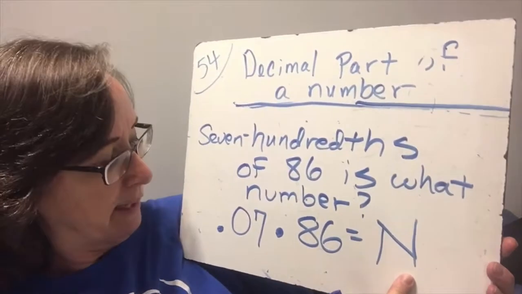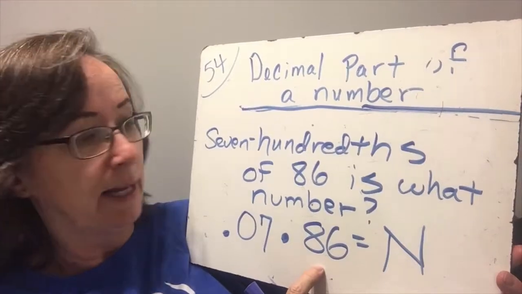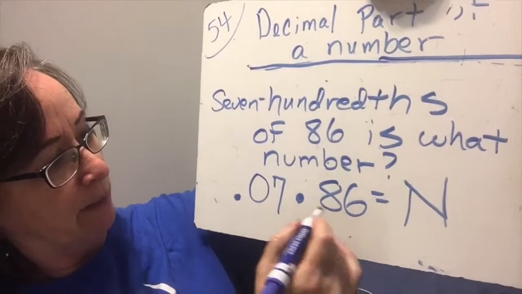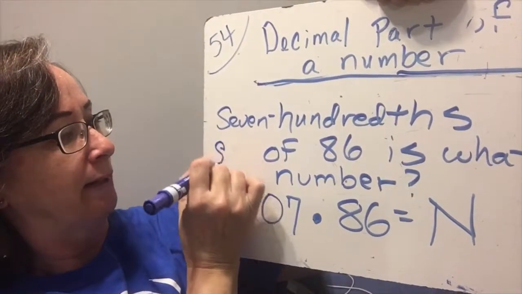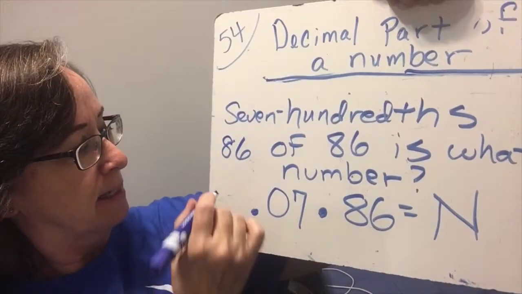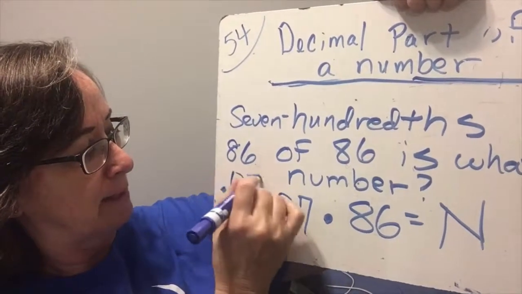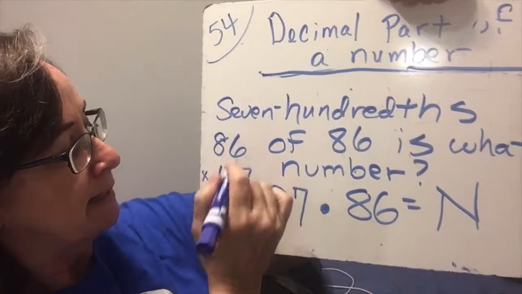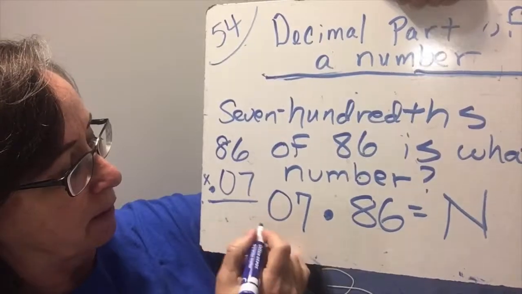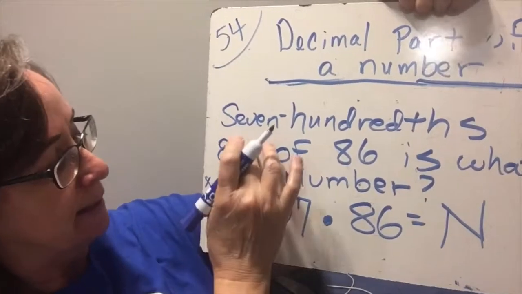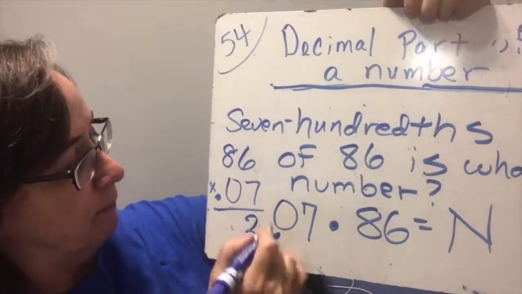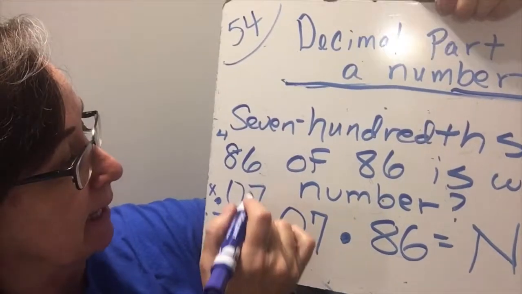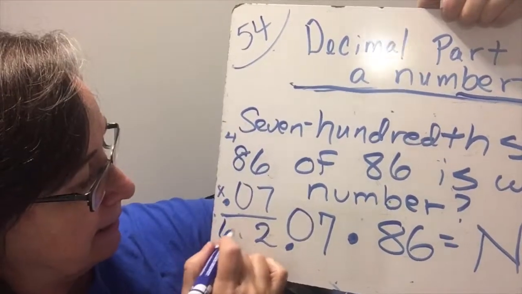N is already by itself, and all we have to do is this multiplication. So we have 86, it's not point, that's a times. 86 times 0.07, and we're multiplying them together. 6 times 7, I'm going to move my decimal over here. 6 times 7 is 42. 8 times 7 is 56, plus 4 is 60.